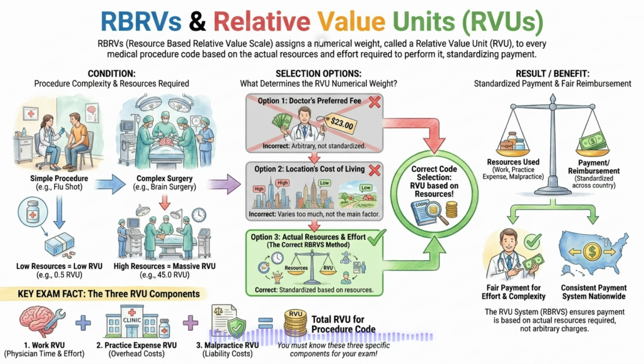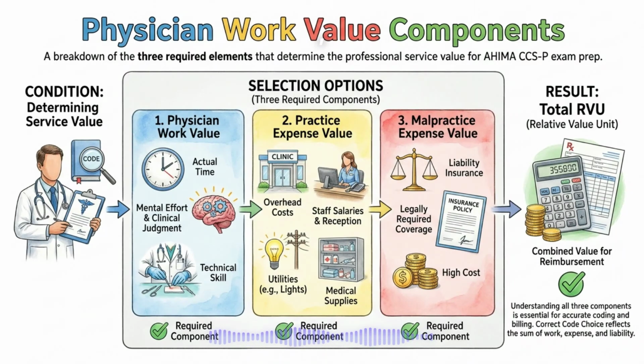You must understand the three specific components that make up the total relative value unit. For your exam, the first component is the physician work value, which measures the actual time, mental effort, clinical judgment, and technical skill required by the doctor to perform the service.